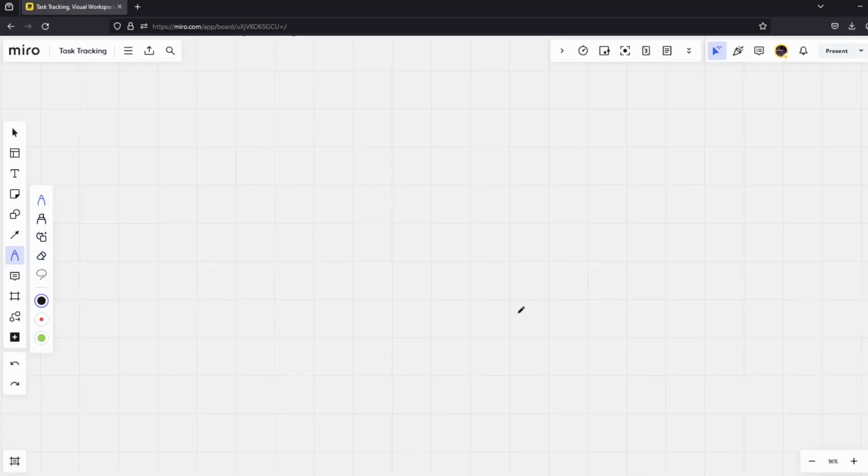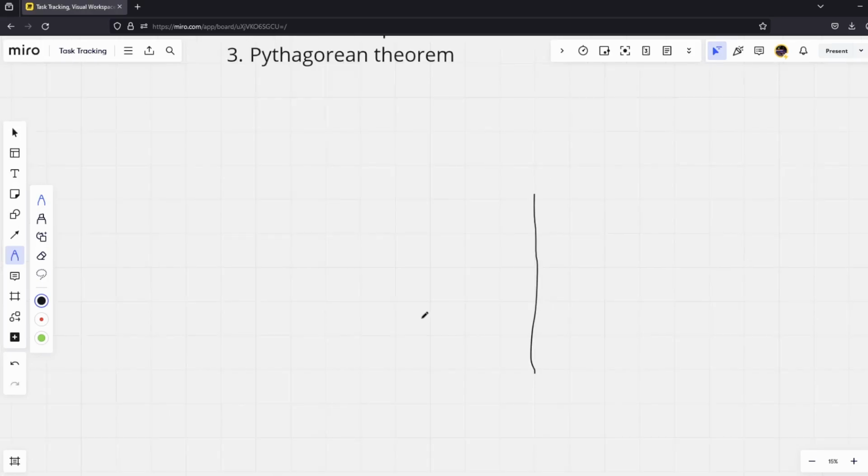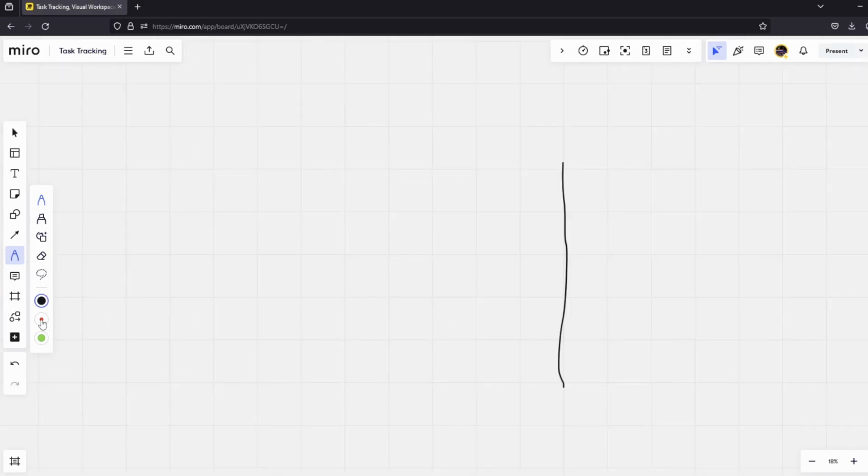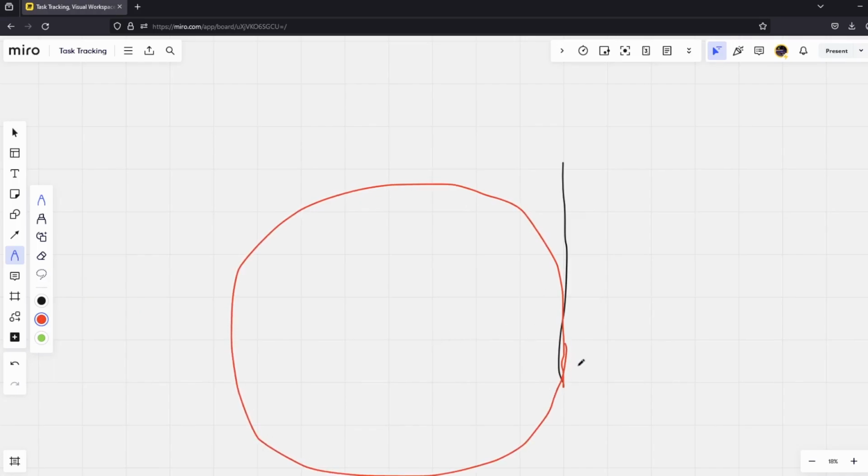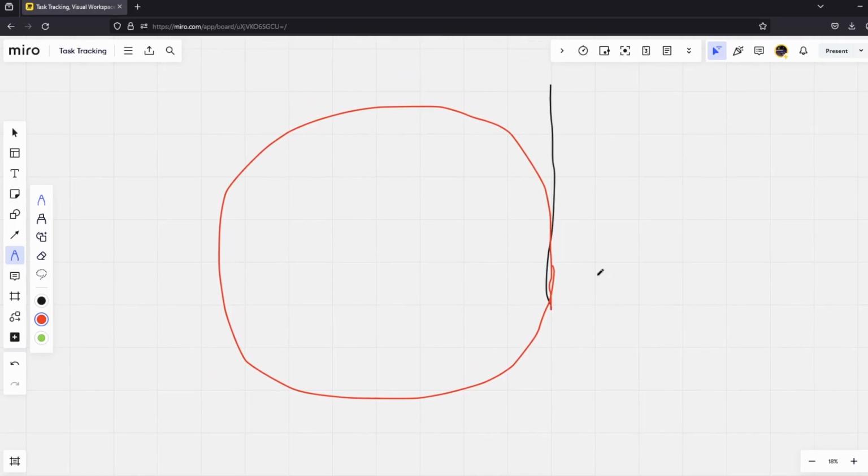This is our 0 degrees angle road, right? And this is our circle, and our circle is going to have a small straight path, which is exactly in the middle.